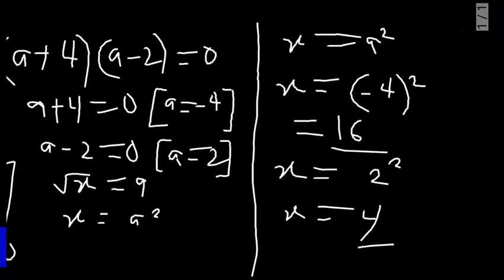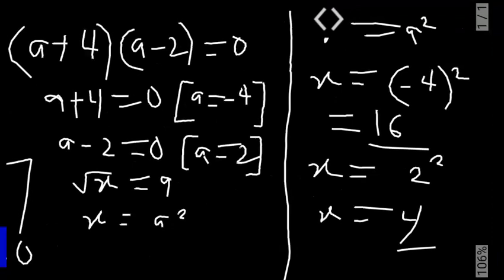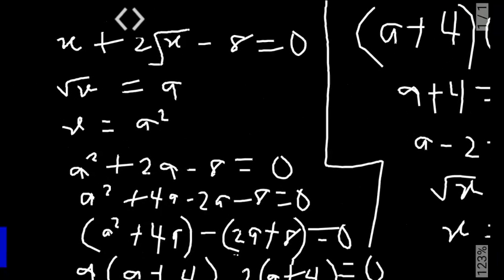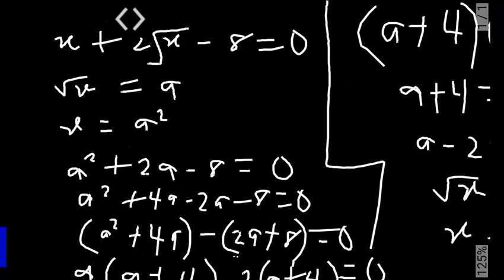We can substitute these values for x into our equation to see how correct we are. If we change it to 4, we have 4 plus 2 root 4 minus 8 equal to 0.